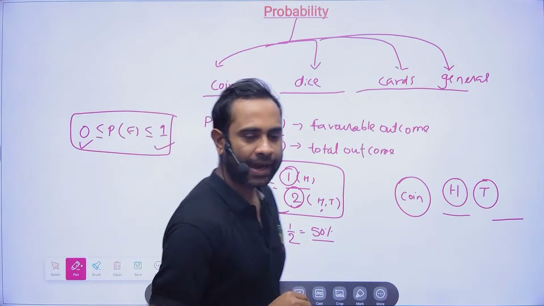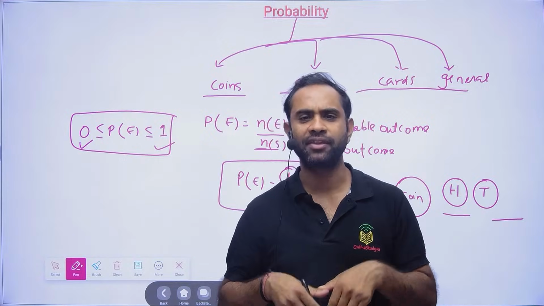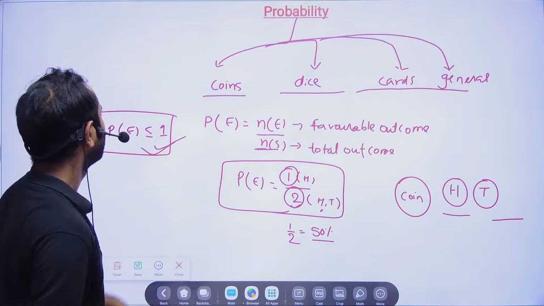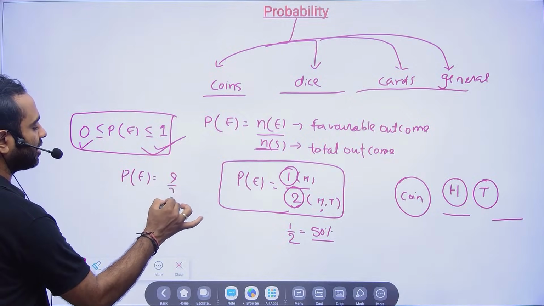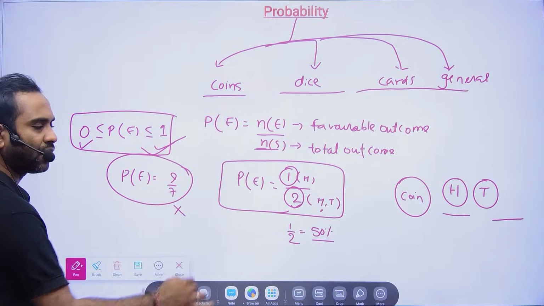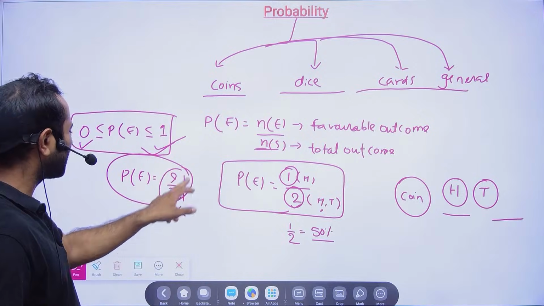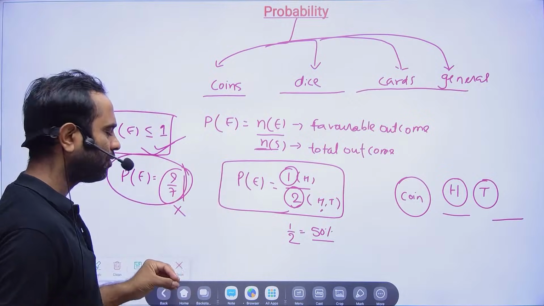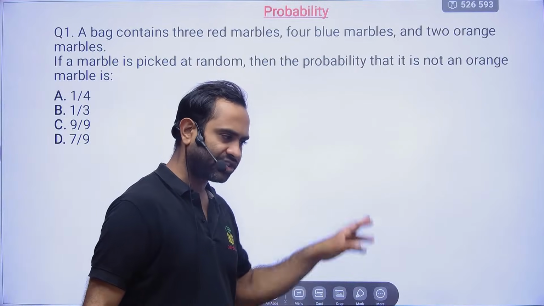When the probability will be 1: I am standing in the east direction waiting for the sun to rise, 100% this will happen, a universal truth. So it is 1. Many times you might get the answer 9 by 7, but that cannot happen because probability has to be at most 1. Generally you will not get this kind of option, because TCS will not give you an option you can easily eliminate. Now we will try to understand with the question.